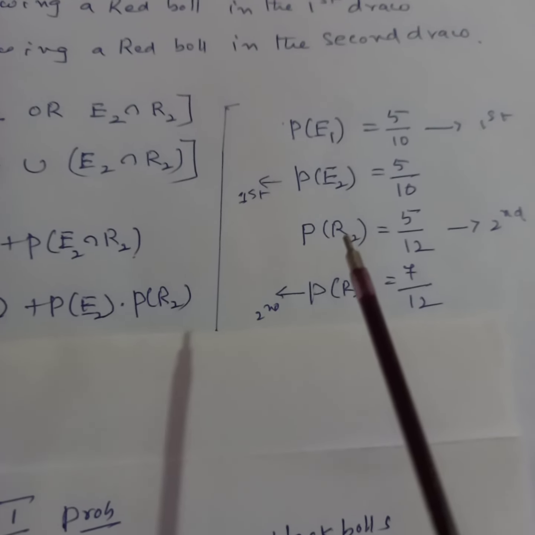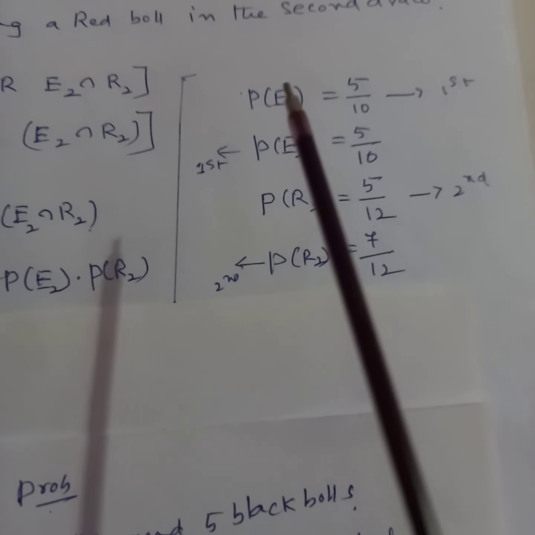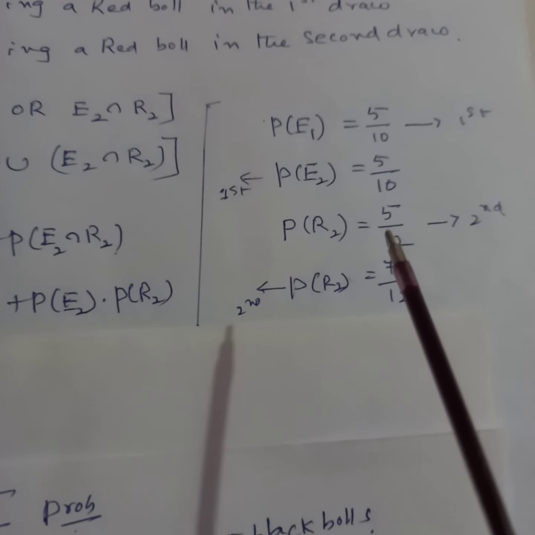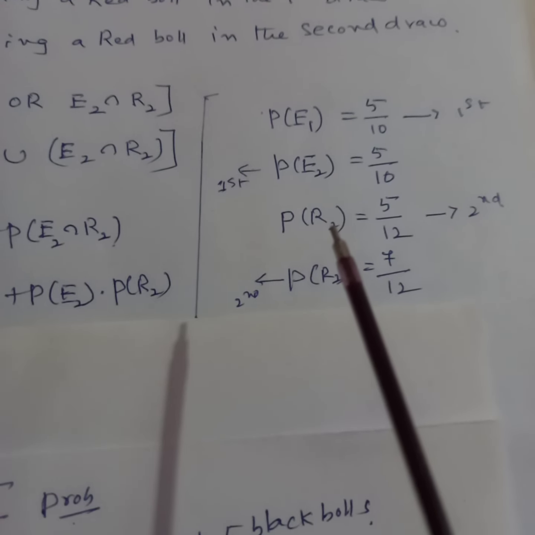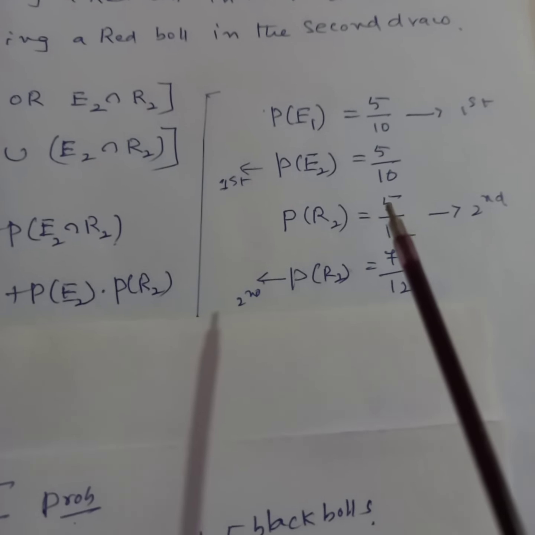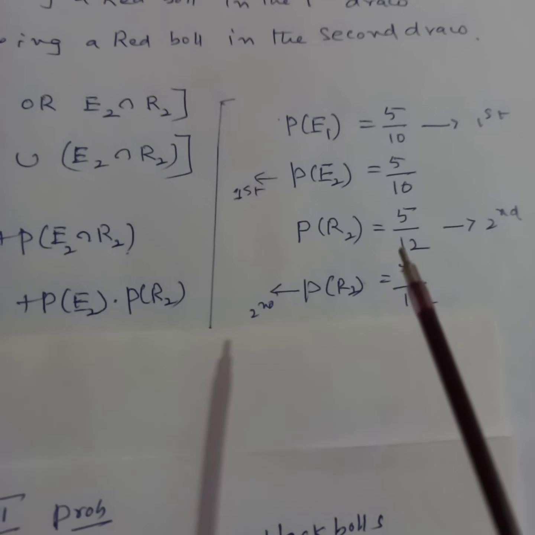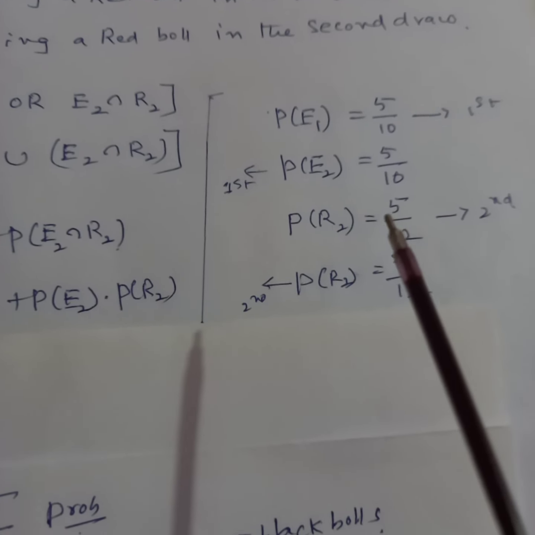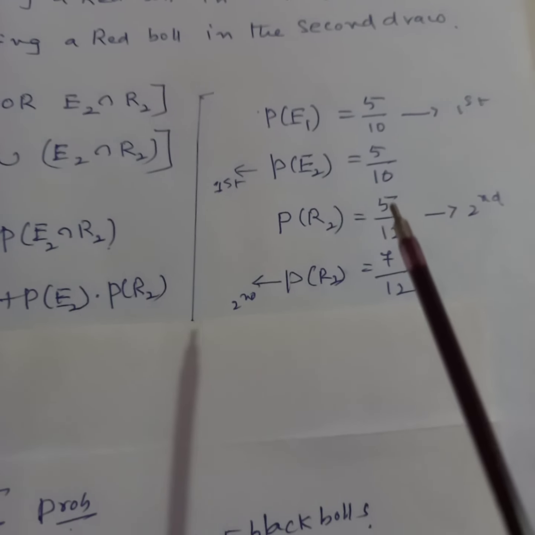So the probability of drawing a red ball is 5 by 12. Black ball has been drawn, 2 black colored balls have been put into the urn, and again a ball has been drawn. The probability of getting a red ball this time is 5 by 12, because 2 balls have been added. Earlier the number was 10 and now it has become 12, but the number of red balls remains the same. Therefore, the probability of drawing a red ball is 5 by 12.